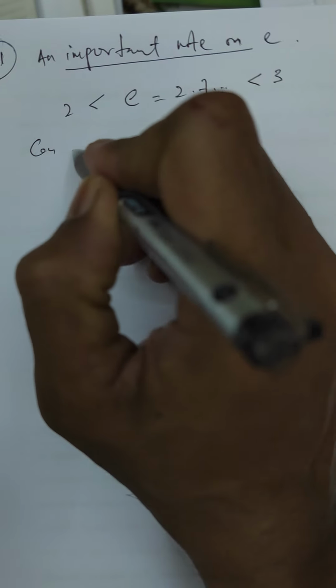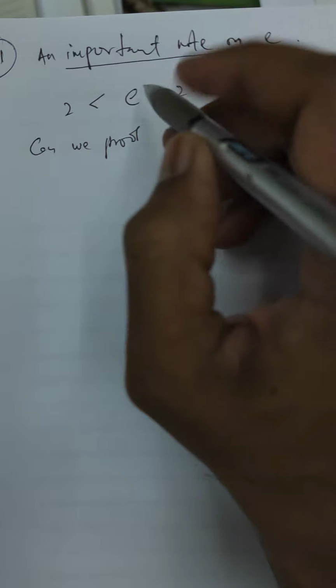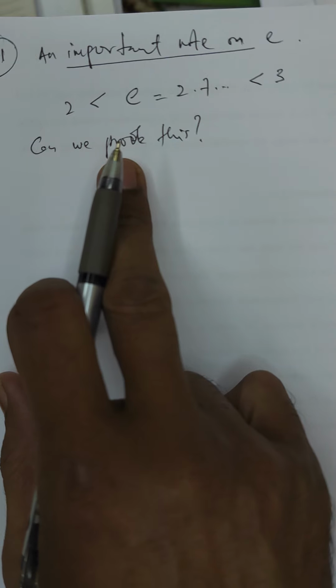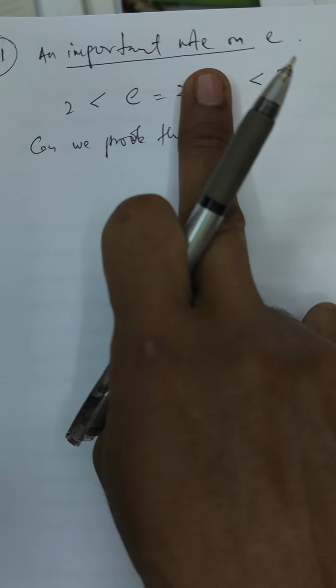How can we prove this? Not the value, because that's accurate, but how can we prove that e is between 2 and 3? So how to do that?